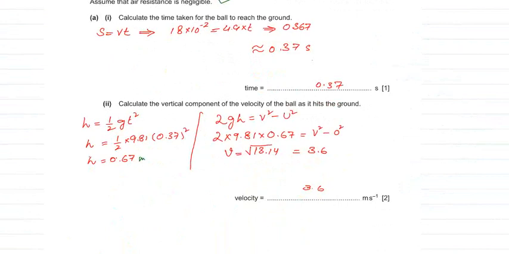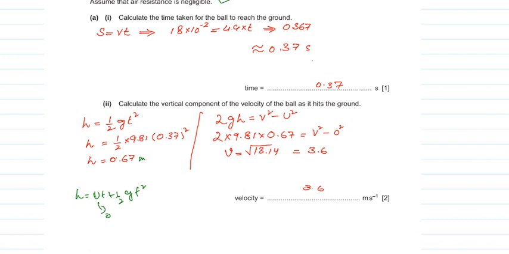we have the equation h equals ut plus half gt square. The ut term is going to be zero because the initial velocity is zero, so it becomes only h equals half gt square. So g is 9.81, t we found out is 0.37.